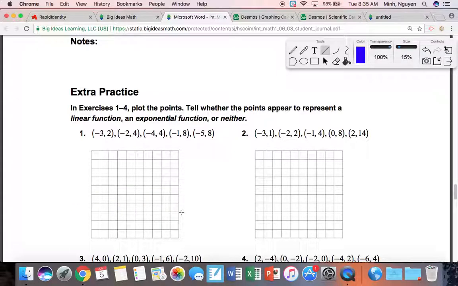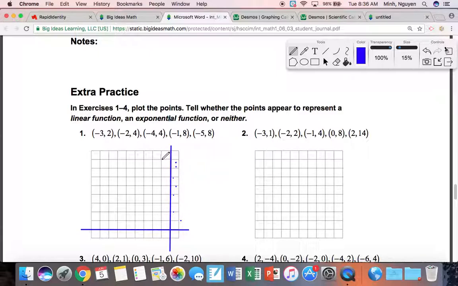So let's go like this. We could just go by ones. Well, actually, you know what? Change that even more. So this is 1, 2, 3, 4, 5, 6, 7, 8. Okay, -1, 8.